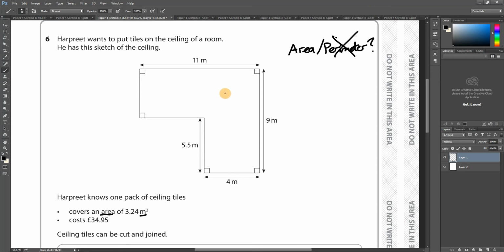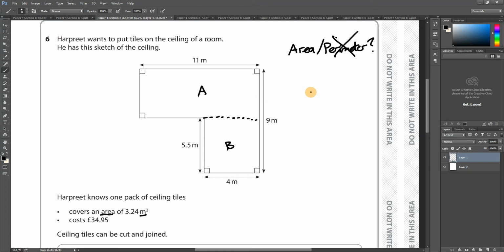How do you work out area of an L shape or a compound shape? There's a couple of ways you could do it. In fact, me personally, I like to split the shape into 2 rectangles. So let's split it this way. So I've got, let's call that shape A, let's call that shape B. I could have split it going up as well, makes no difference as long as you've got 2 rectangles.